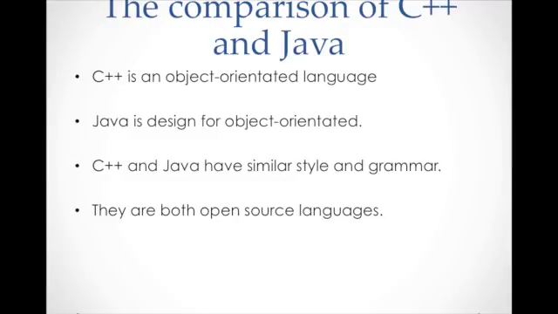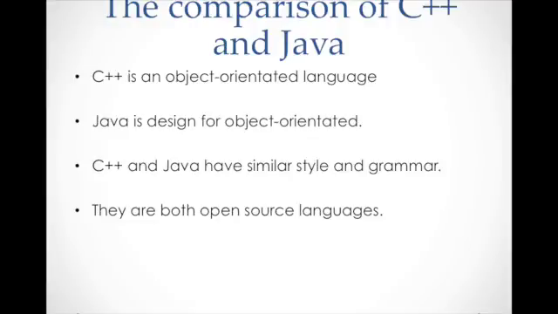Now we will talk about the comparison of C++ and Java. Language C++ is an object-oriented language, and Java also is, but there are some differences. Java is designed for object-oriented programming, so C++ can work well with that, but Java is more like an expert for this.